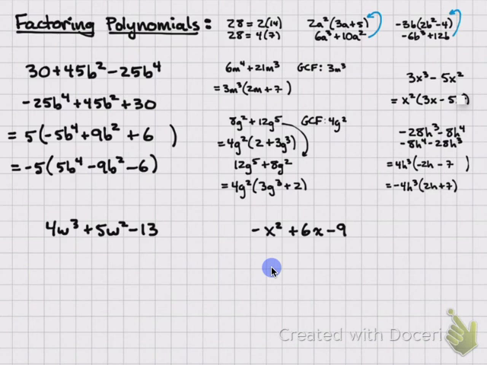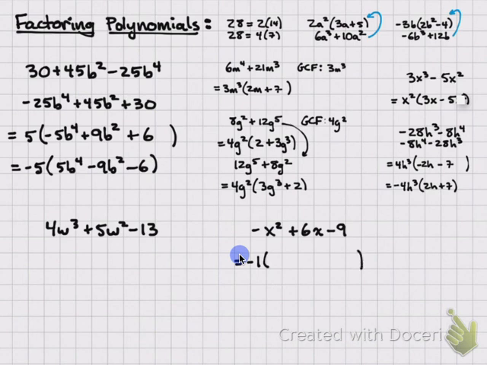But there is something we can do that will make our lives easier in the future. I'm noticing that the leading coefficient of this polynomial is negative, and we don't like to have a negative leading coefficient. So what I want to do is factor out a negative 1 from this big polynomial, and write this as negative 1 times something.